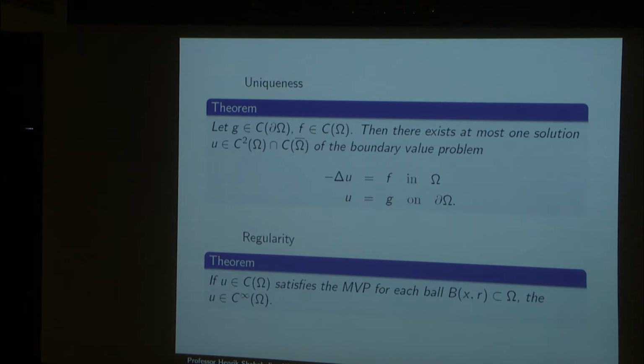This is negative, so I put the minus. If you take the Laplacian of this function, it is a good exercise for you. This is going to be a function f.